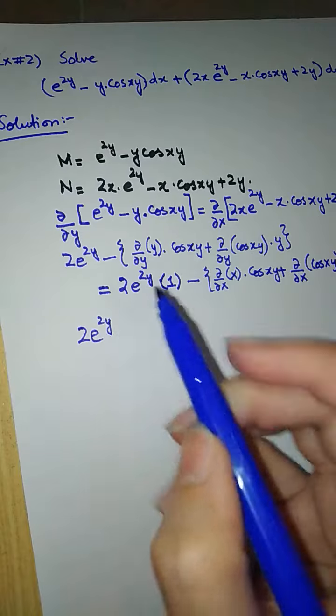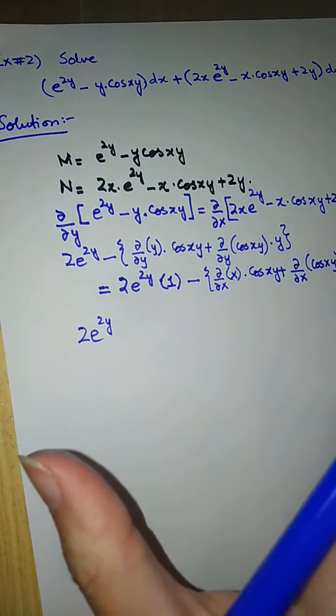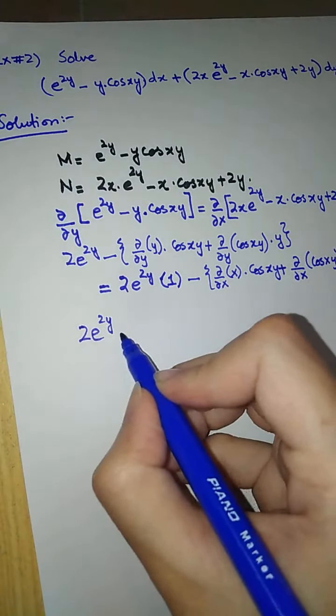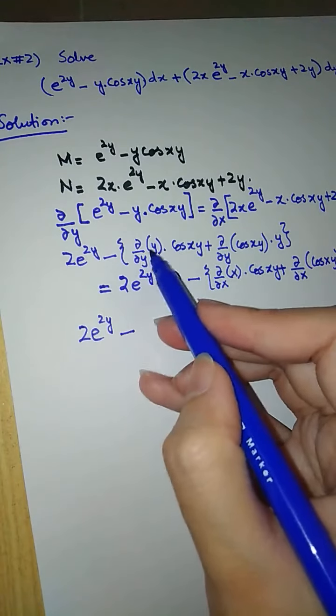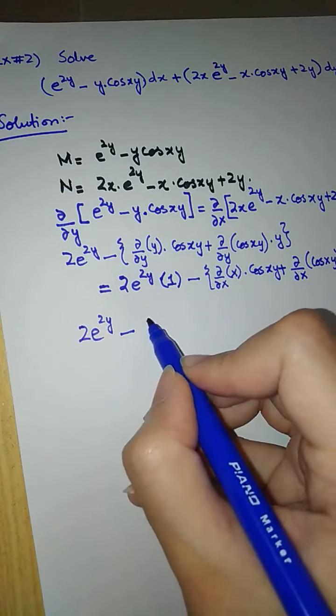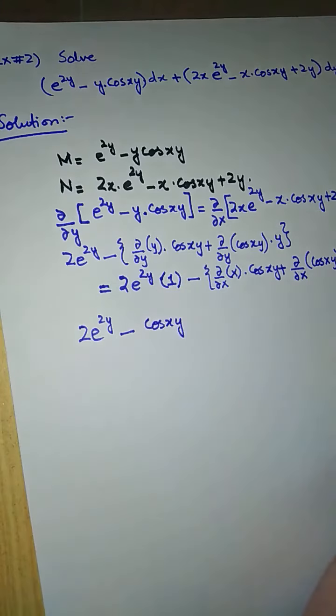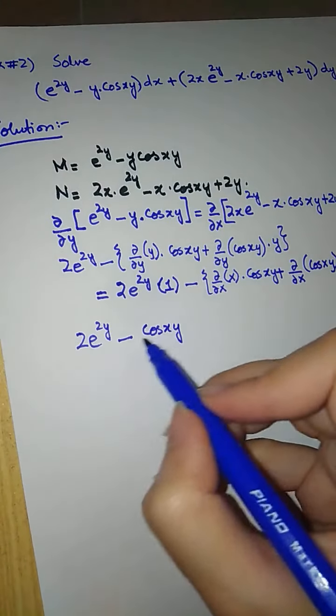Now we take the derivatives and solve. This is the process of checking the exactness criteria, right? So y has the derivative 1 and cos(xy) remains, with a minus sign.